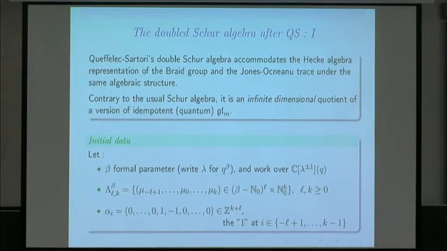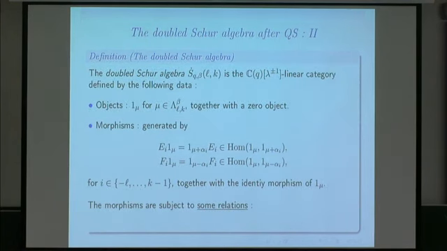Fix alpha i as the simple root as usual, and now you can define the double Schur algebra, which depends on parameters q and beta and two integers L and K, as a linear category defined by the following data. The objects are just these projections, these 1 mu's.